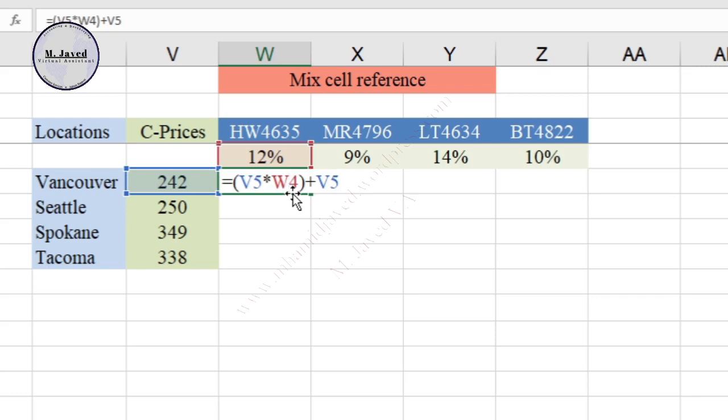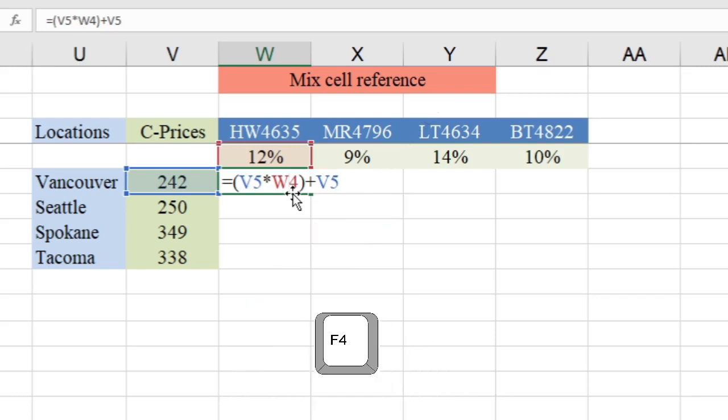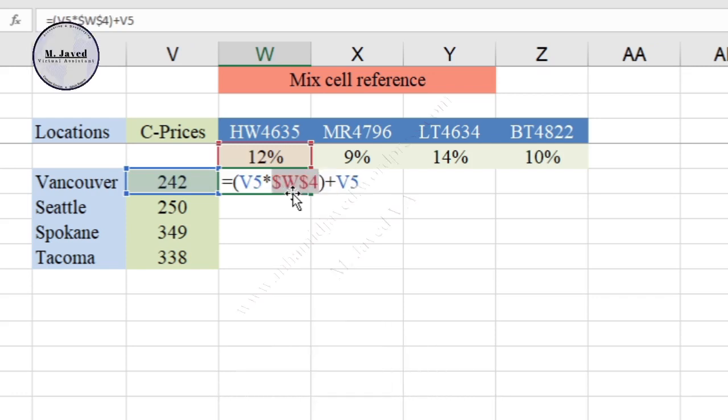and by pressing F4 a couple of times, lock the percentage cell from moving vertically by putting the dollar sign before the row reference. And exactly the same way, lock the price cell from moving horizontally by putting the dollar sign before the column reference.